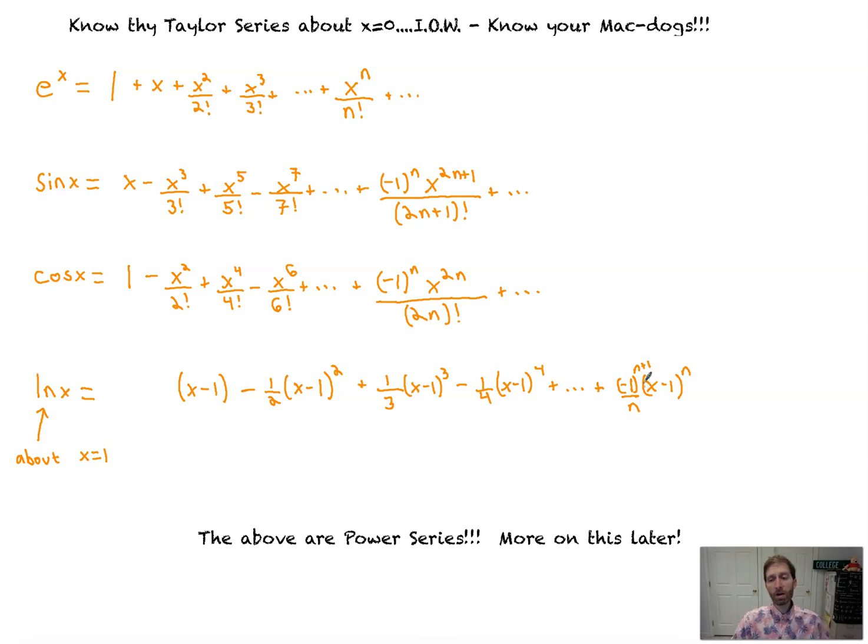That's because if I start out with n equals 0, we'd get over 0. That's a problem. So here we're starting at n equals 1. If I plug that in, this is an even number, so that's positive. This is over 1, and x minus 1 to the 1. Boom. At 2, we would get an odd value. It's negative 1 over 2, x minus 1 squared, and so on and so forth. And it keeps on going on and on and on.